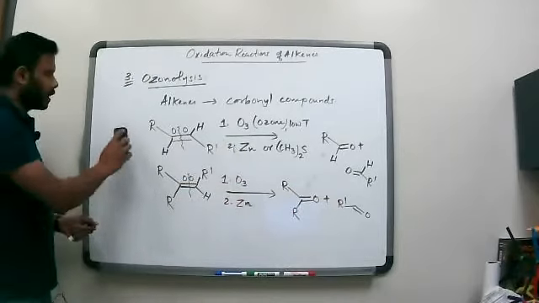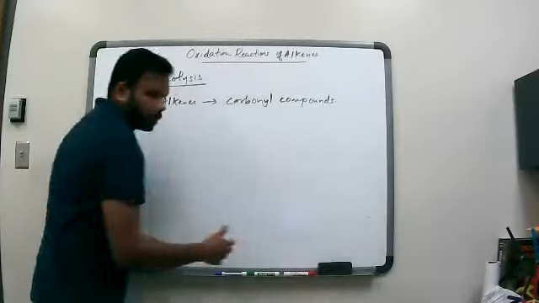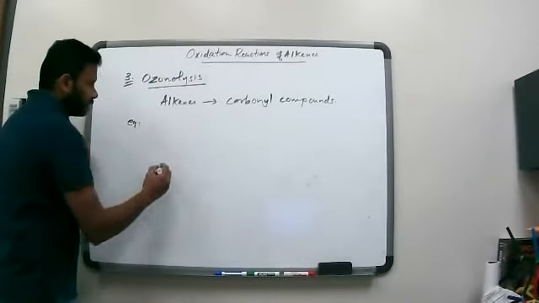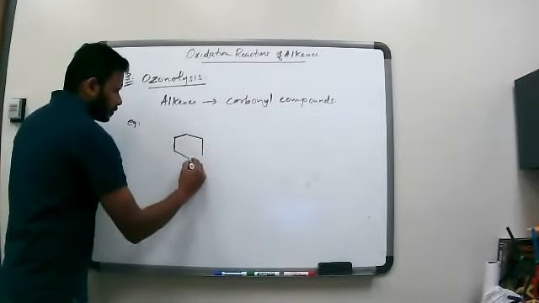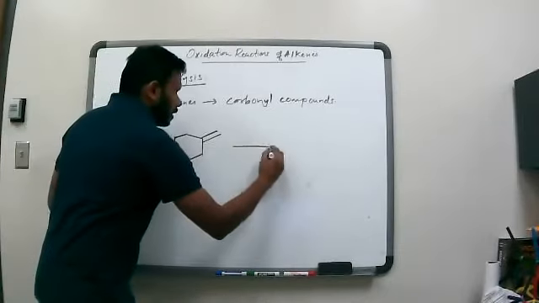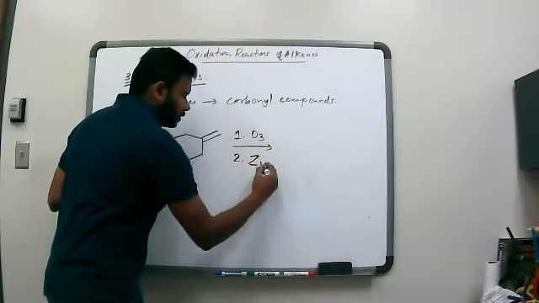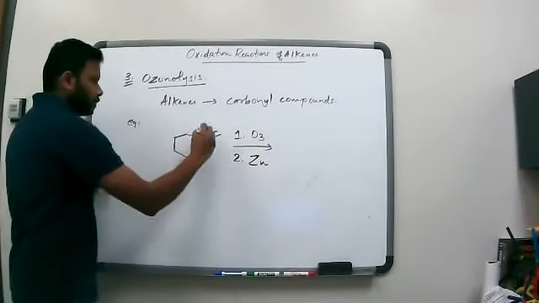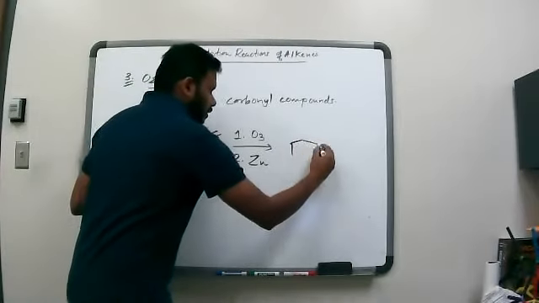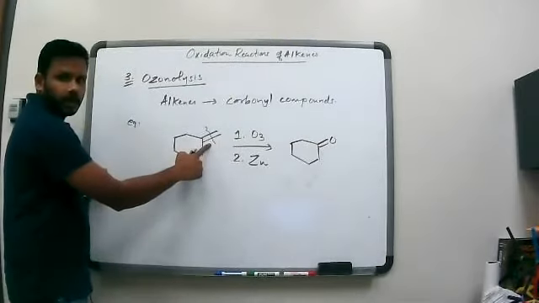We will not go into the mechanism of the reaction itself, but now let's look at maybe two examples quickly. So if we have an alkene, and if we do ozonolysis on this, it's going to break in between, and our products are going to be a ketone. I added an oxygen on this side.